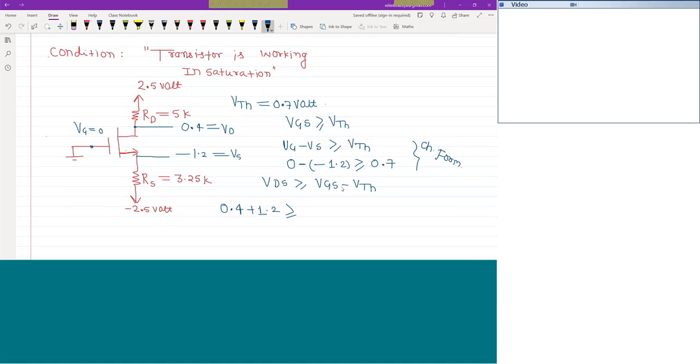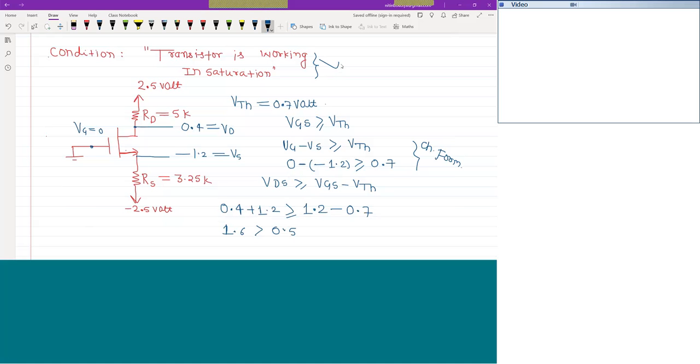This should be greater than or equal to VGS minus VTH. VGS is equal to what? VGS is 1.2 volt, minus 0.7. So what I can say, 1.6 volt is always greater than 0.5 volt. तो दोनों कंडीशन को ये सेटिस्फाई करता है. That's why the assumption we took, that assumption is correct. This assumption that our transistor is working in flat region or saturation region is correct. This assumption is correct. So this is how we can analyze one transistor.